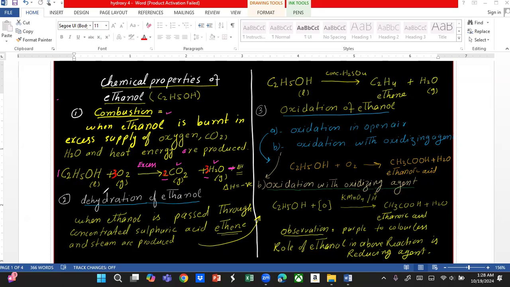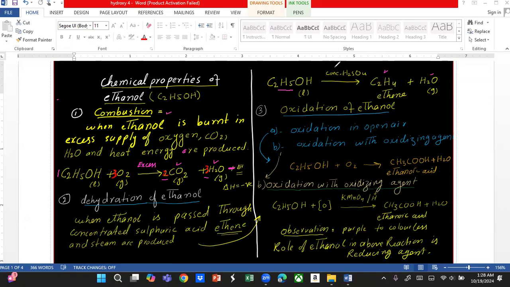So when ethanol is passed through concentrated sulfuric acid, concentrated sulfuric acid acts as a dehydrating agent. It will absorb water from the ethanol, and this way ethanol will be converted into ethene gas and steam.